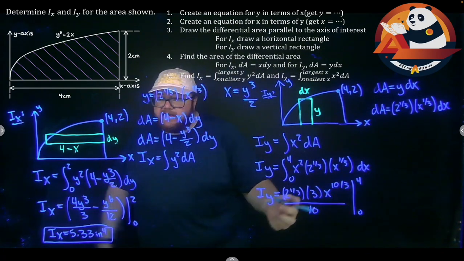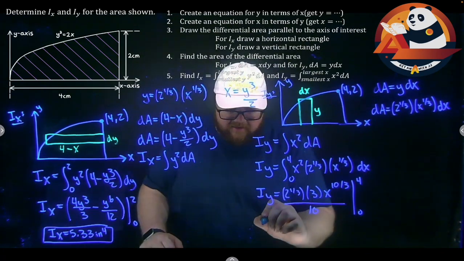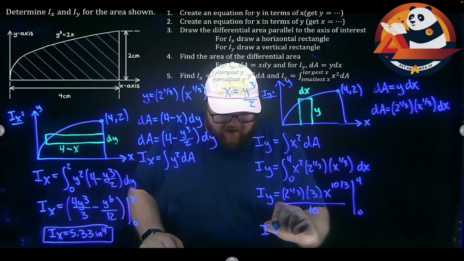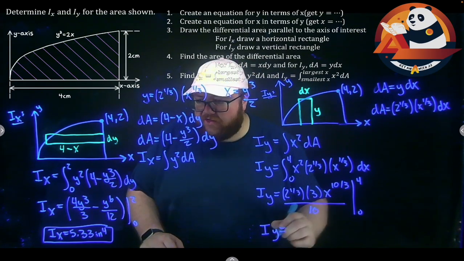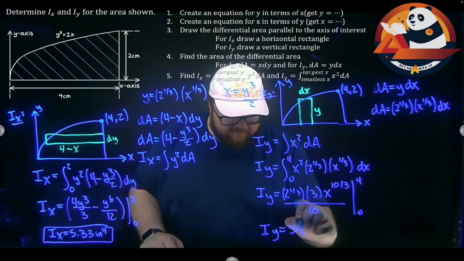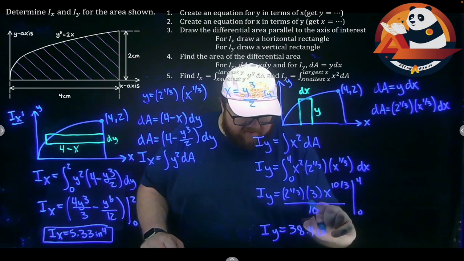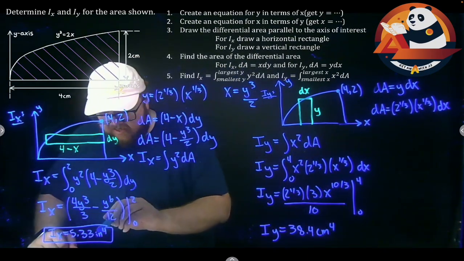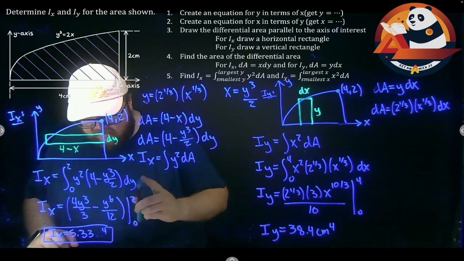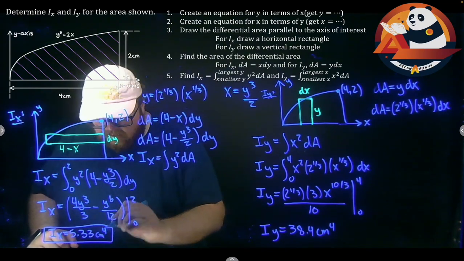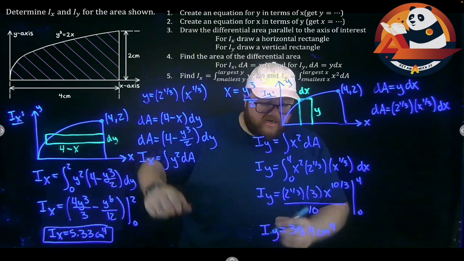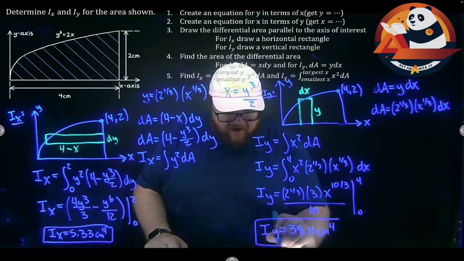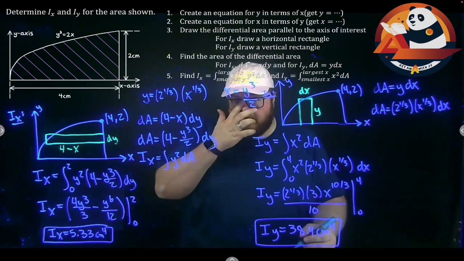But all that's going to come together and get me that my Iy should be 38.4 centimeters to the fourth. And this over here shouldn't have been inches, that should have been centimeters, because our given units up here were in centimeters. But that will be our final answer for our problem.